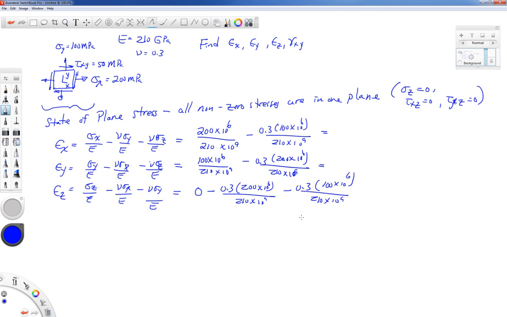We're also going to find the shearing strain gamma xy. Shearing strain gamma xy is tau xy divided by the shear modulus G. The shearing stress in this case is 50 megapascals, and the shear modulus G we can find from E over 2 divided by 1 plus nu.